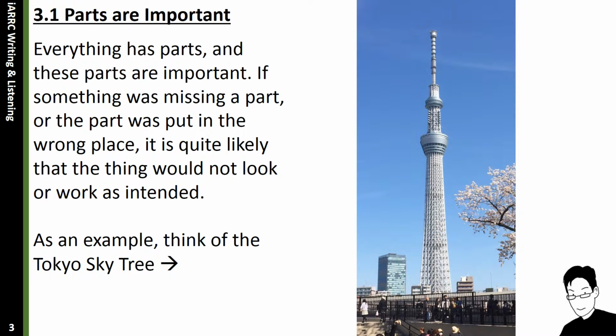Could you imagine if some of those parts were missing, what would happen? Would the sky tree still be able to stand? Well, I don't know, I'm not an engineer, but I can tell you that those parts are there for a reason and they all perform a function.